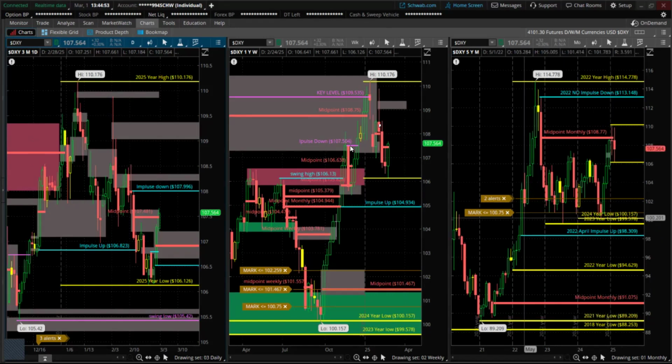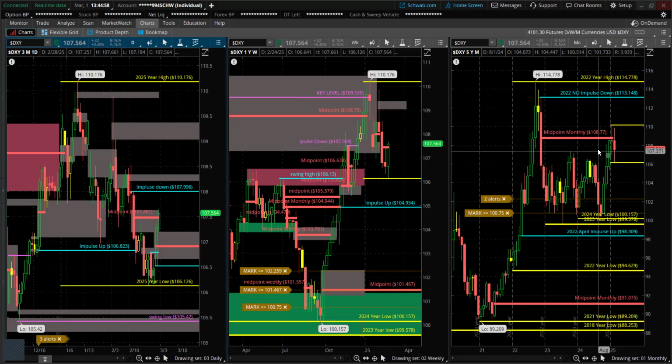That's a trend reversal. Well, if we can't take out this high in 2022, more likely you will go down to the lows of 2024, maybe 2023. That being said, one should be looking at a more bearish bias on the US dollar index.